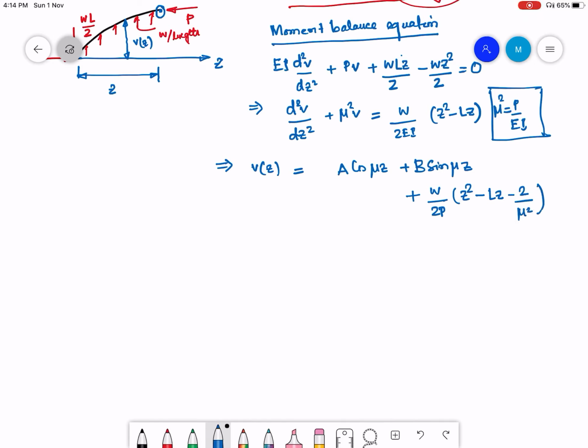I'm not getting into the details of how to obtain this particular integral, but I'm sure it is very straightforward and you will be able to find it easily. Now that we have the generic solution, let us impose the boundary conditions.